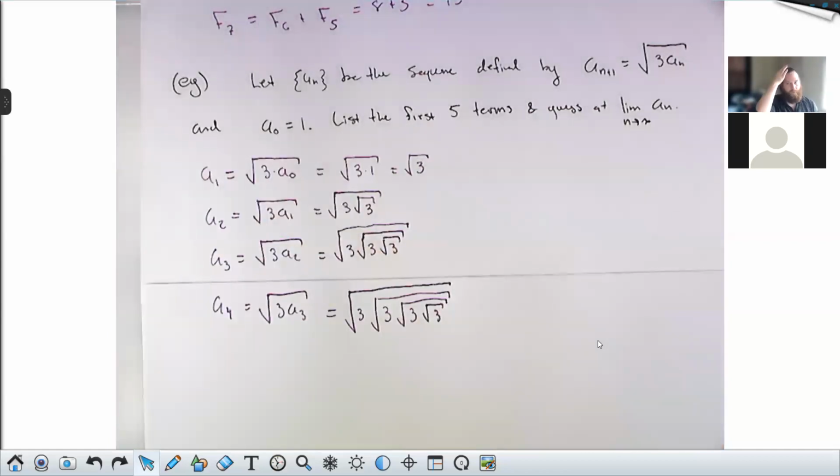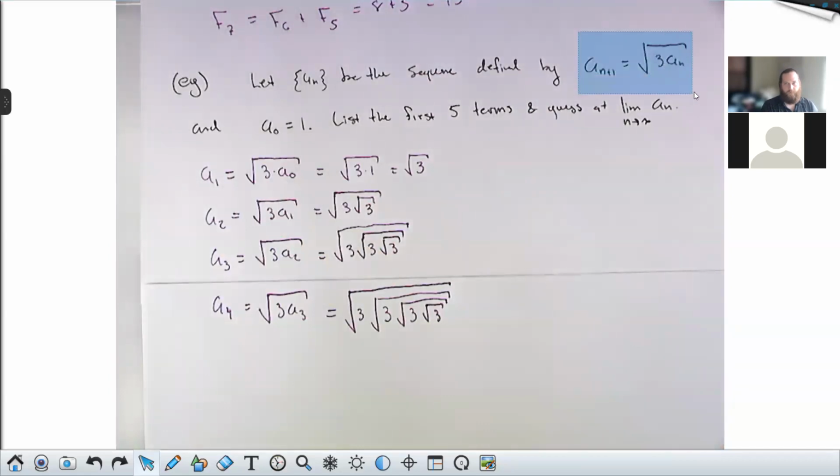And maybe I'll stop here. We've got a_0, a_1, a_2, a_3, and a_4. That would be the first 5 terms. Yeah, definitely a strange sequence, but we're just following this recurrence relation.